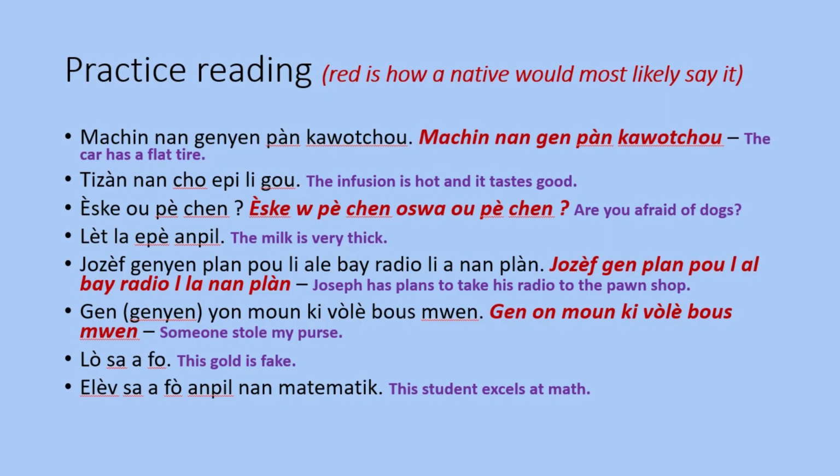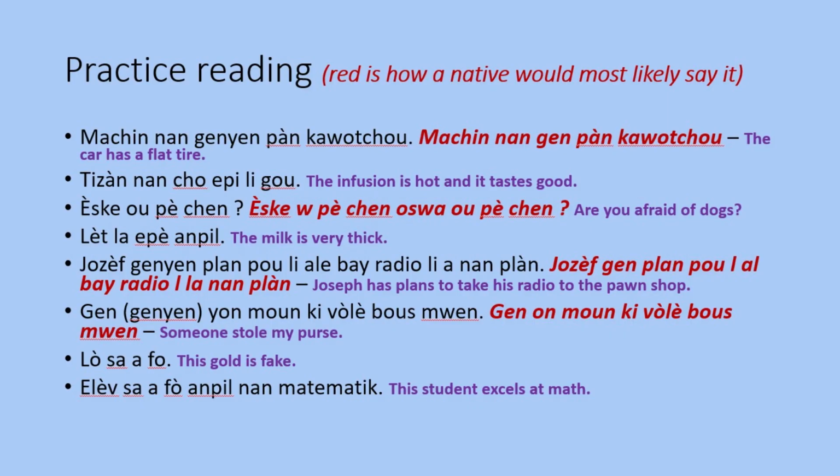So in this case, there's no purpose in adding te vole bous mwen, right? Because it's already implied that it's past tense. You could add te, but I would not, because it doesn't serve a purpose. The message is already given because it's already gone. You know, it's past tense. It already happened. So, gen yon moun or gen yon moun ki vole bous mwen.